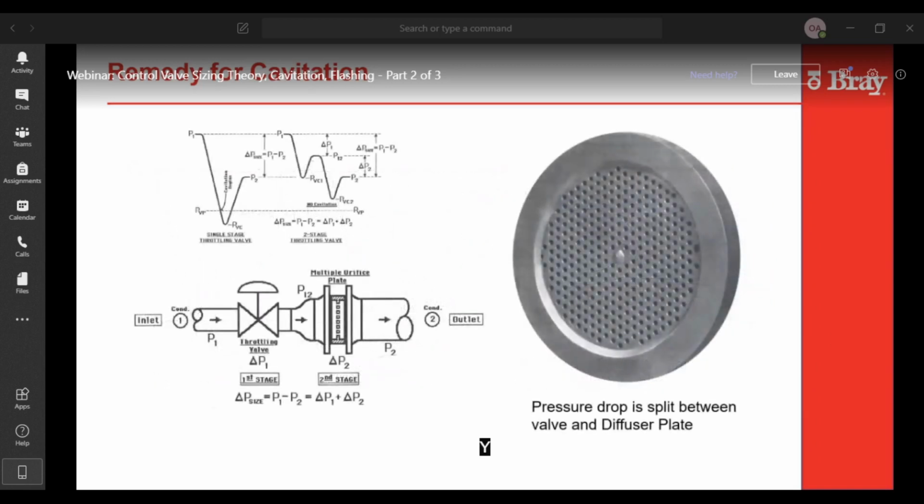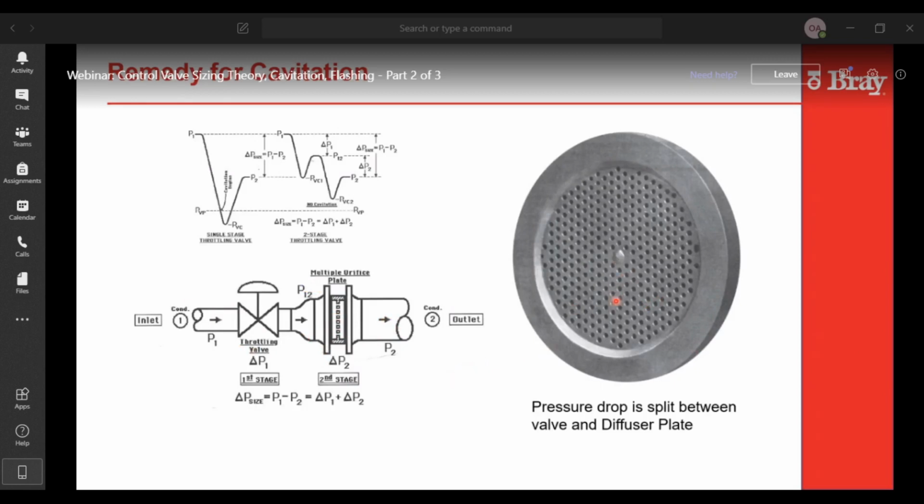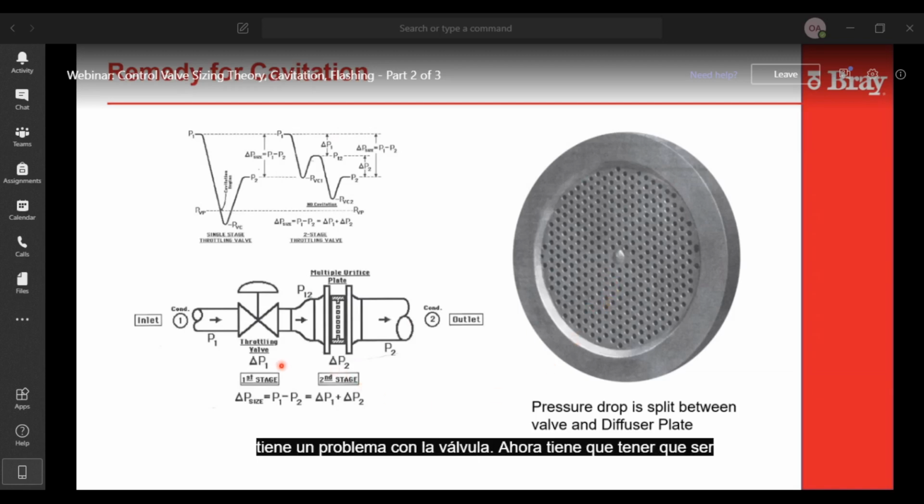And then in this scenario, you use a back pressure plate. Now the disadvantage of putting a plate downstream is it limits your rangeability, because now you have a fixed orifice downstream, and you can't vary that CV. And then you also have an issue with the valve now may have to be a larger size. When we get to the CV calculations, you'll see what this makes a difference.